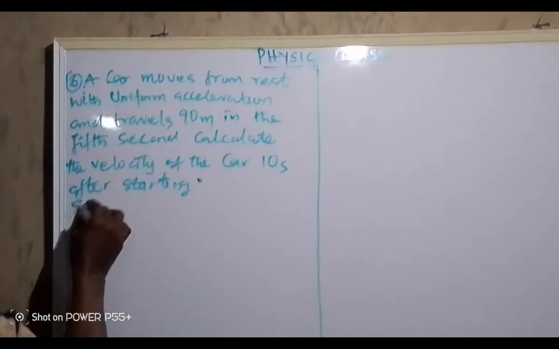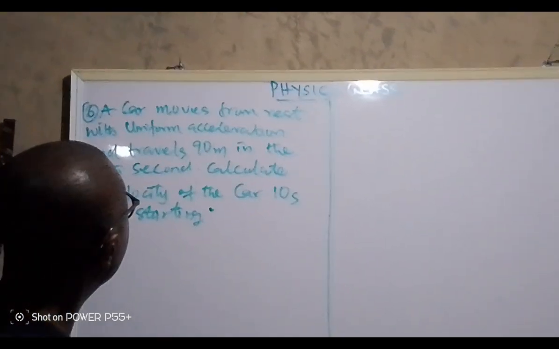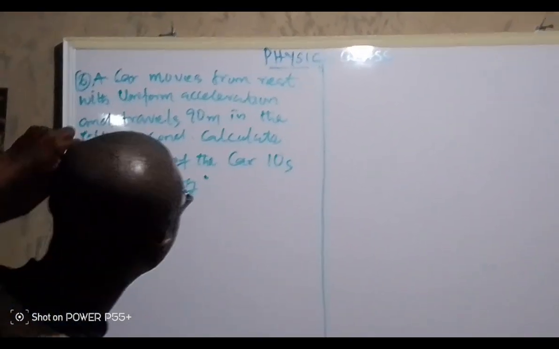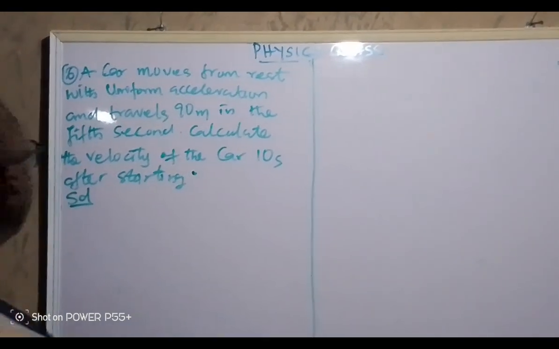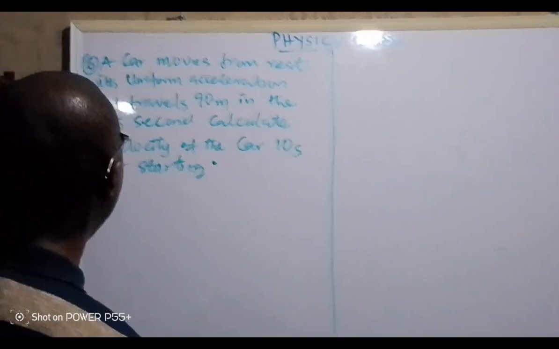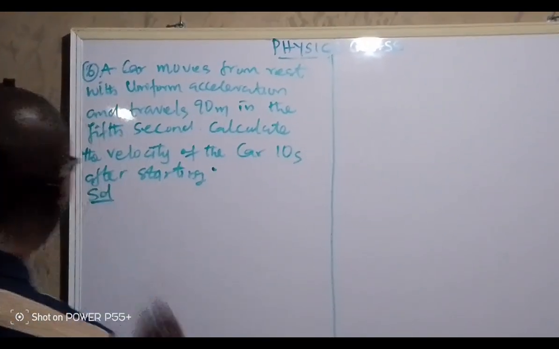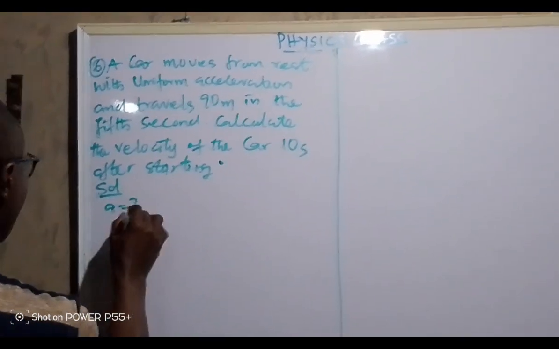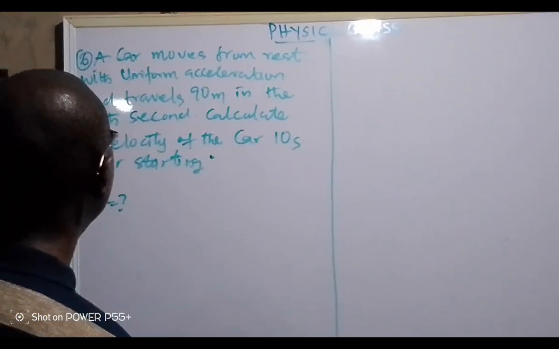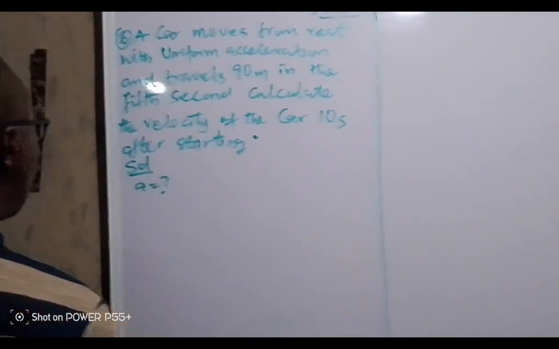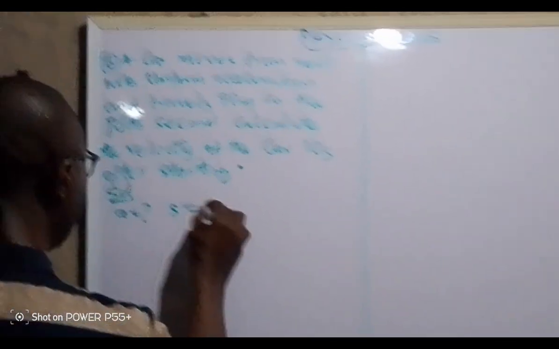Solution. In the 5th second, let's write out the parameters given. The car is traveling at uniform acceleration, but the uniform acceleration is not given. Then distance is given, s is given, 90 meters.